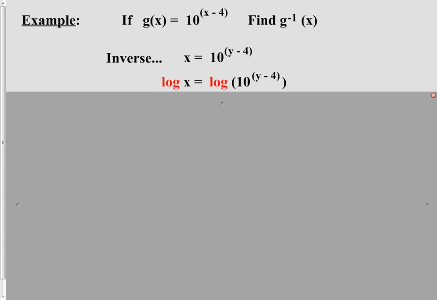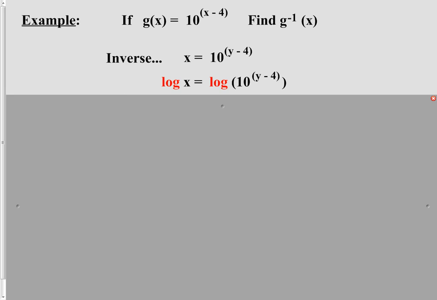So the question becomes, how do I get the exponent off of that base 10? Well, we need something that can cancel out base 10 so that our exponent will simply drop down into the problem. So what's the mathematical opposite of base 10? It is logarithm. So we are going to take the logarithm of both sides of the equation.